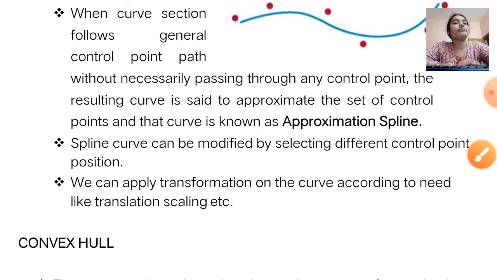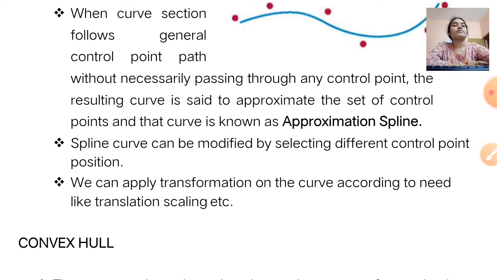A spline curve can be modified by selecting different control point positions. We can apply transformations on the curve according to need, like translation, scaling, etc. So these are your interpolation spline and approximation spline.